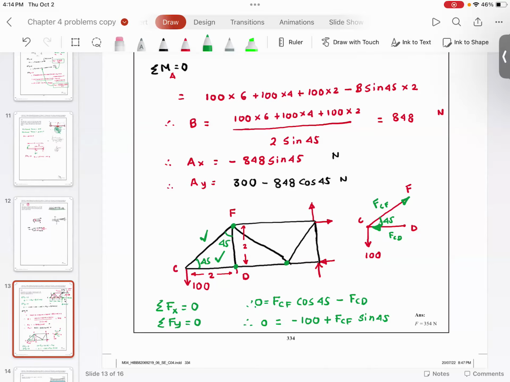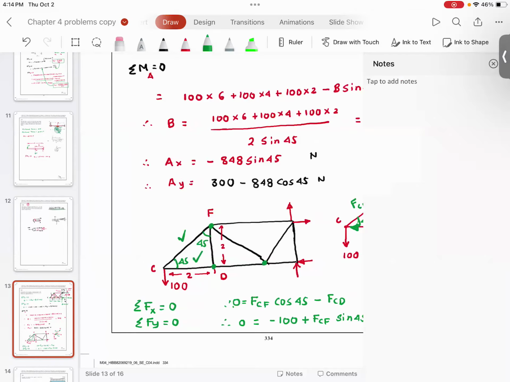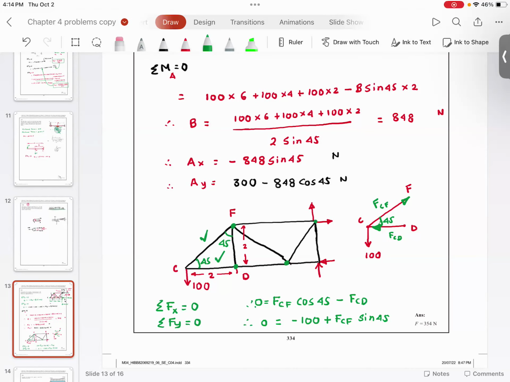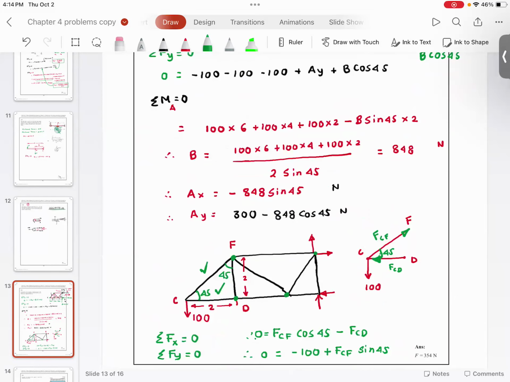Now, I want to give you a very simple thing here. If you look at the last joint, this joint is A. If you look at the last joint, you have AY, you have AX, and then here you have 1, 2, and 3.